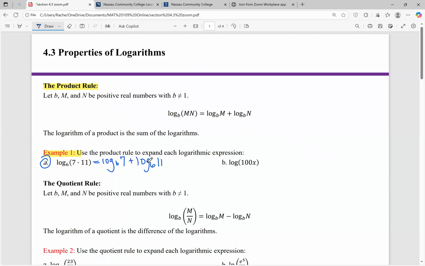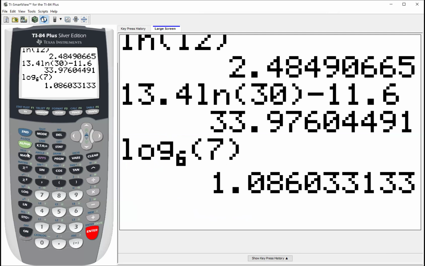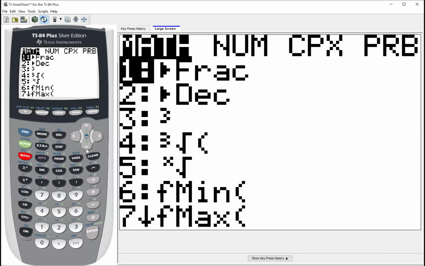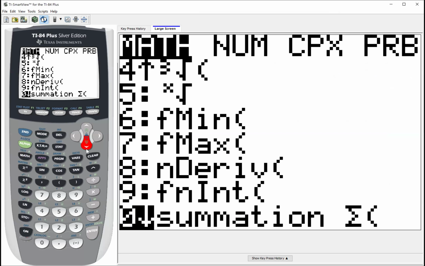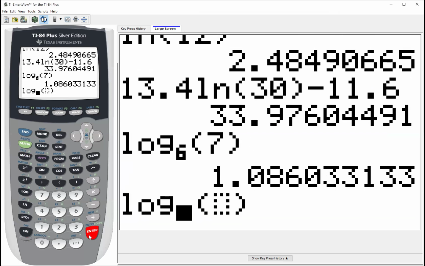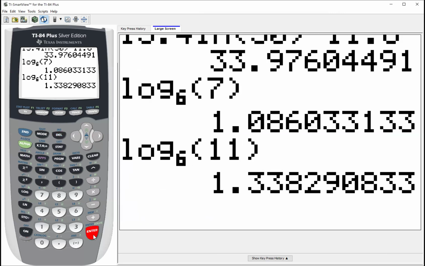So now let's do log base 6 of 11. Math. So log base 6 of 11 is about 1.338.